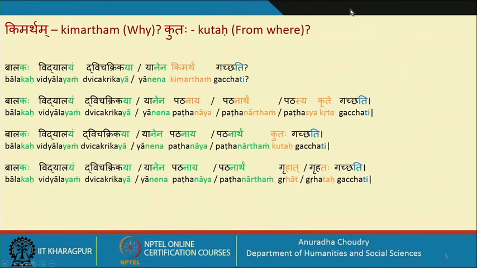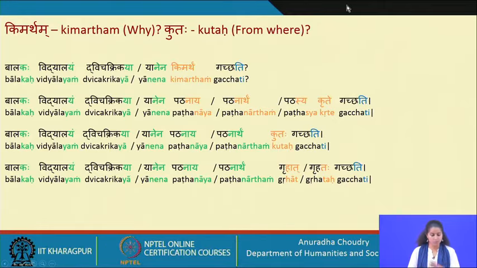Balakaha vidyalayam dvichakrikaya kimartham gacchati? Balakaha vidyalayam dvichakrikaya pathanaya, or alternatively the simpler forms pathanartham or pathanasya krite gacchati. Next, Balakaha vidyalayam dvichakrikaya pathanaya kutaha gacchati?